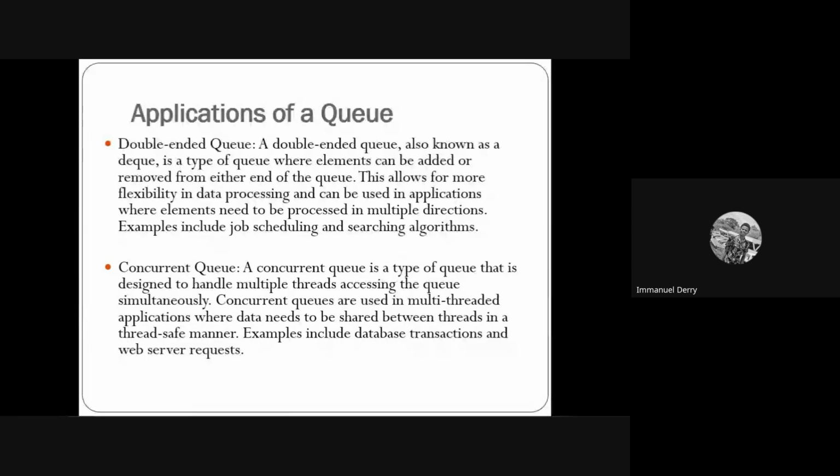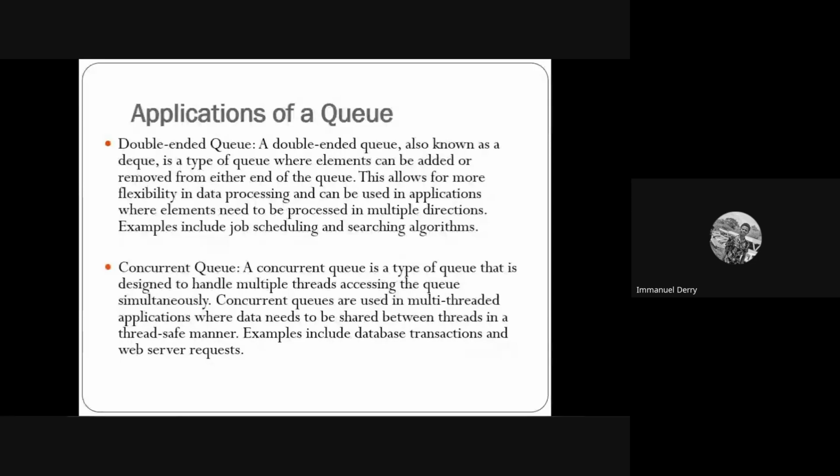So if you have elements that could be processed in multiple directions, then it is important to go for the double-ended queue. And some examples include job scheduling in CPUs and some search algorithms as well, where you search in both directions to be able to find, maybe, the shortest path.